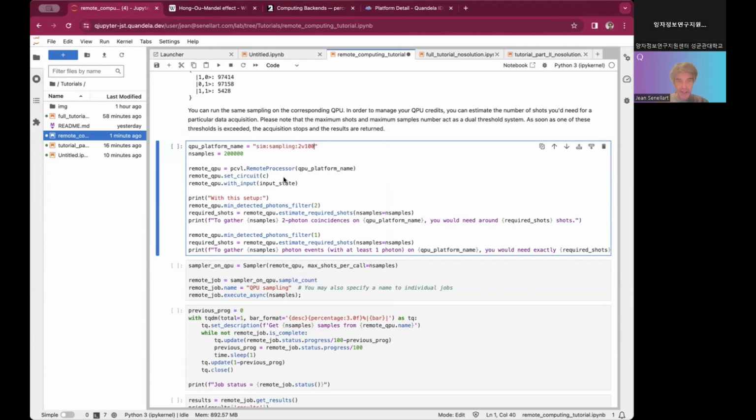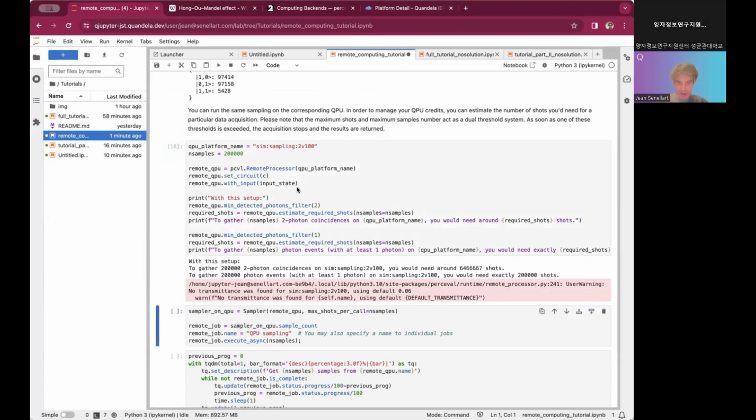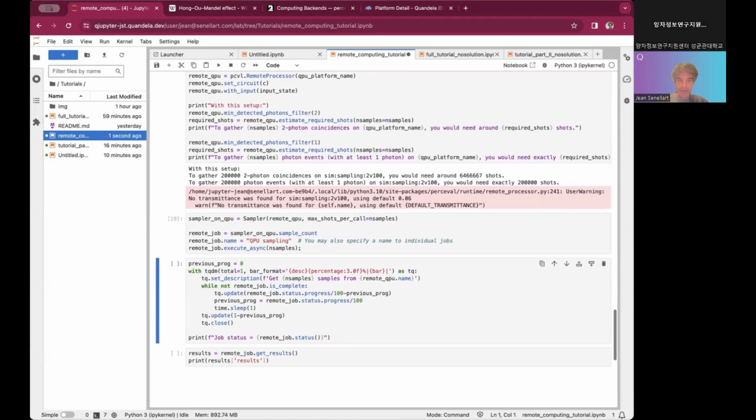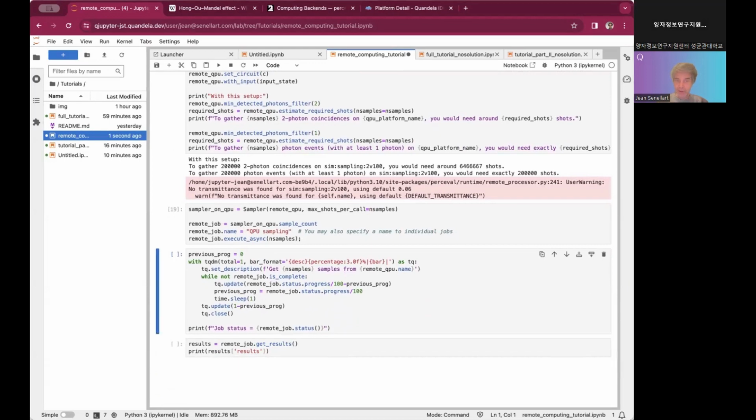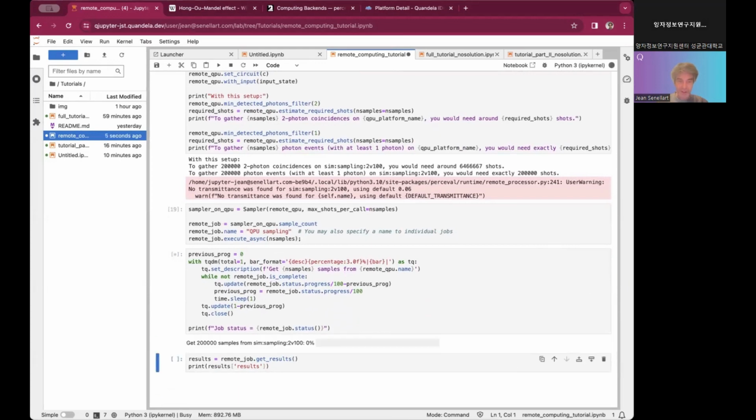Okay, input state and okay, running it on the GPU, waiting for the results. So it has been queued.